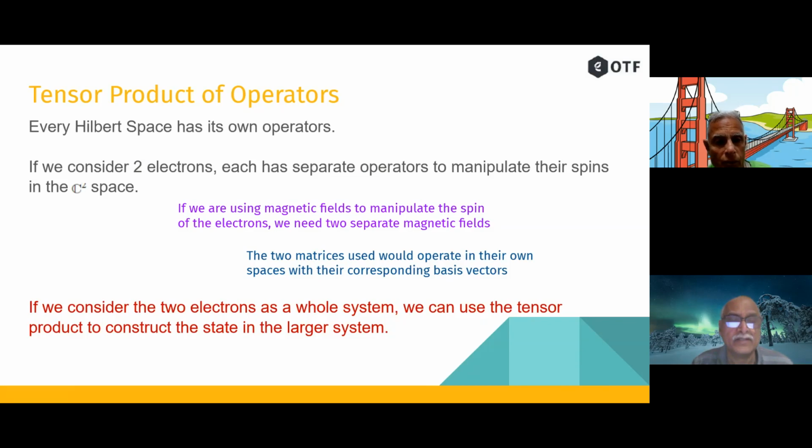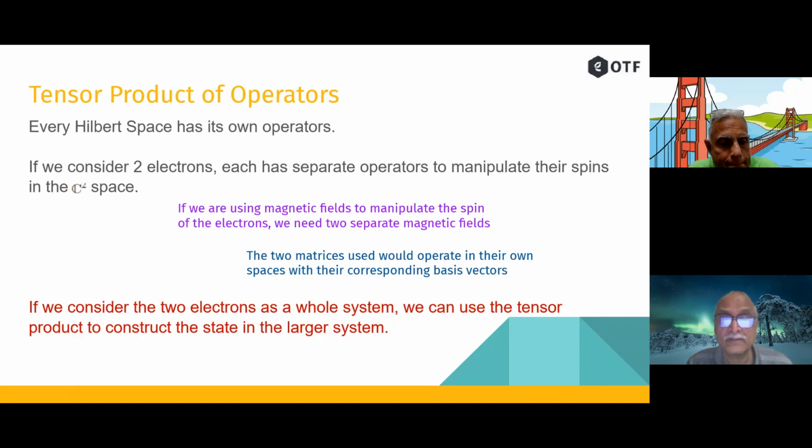So what type of operators? From a physical example, I could have some sort of magnetic field, and this magnetic field can be used to manipulate the spin of the electrons. If I've got two electrons, obviously I require two separate magnetic fields, each one operating on an individual electron.